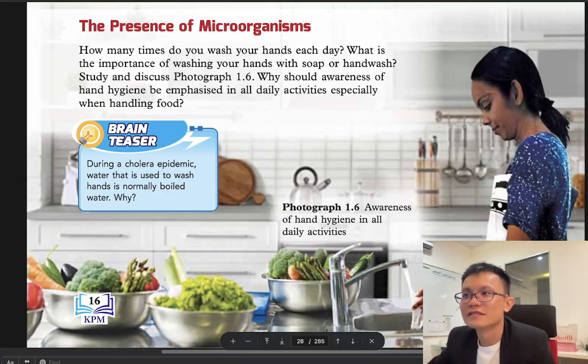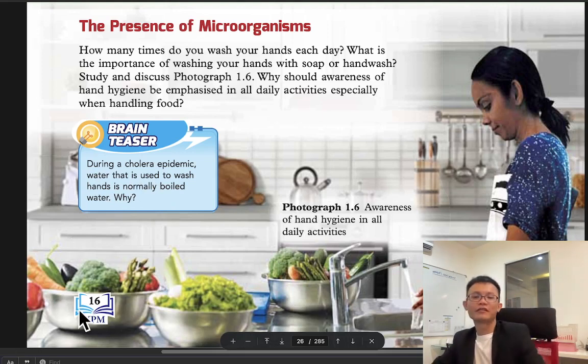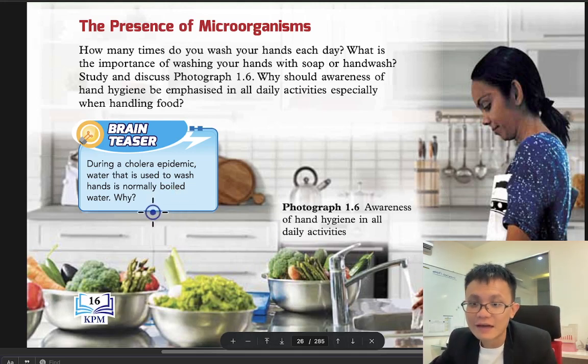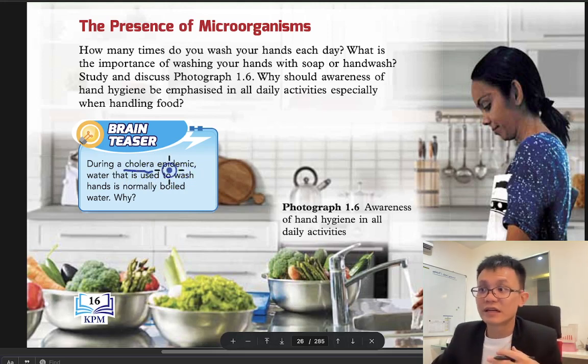Yes, correct, very good. Okay, so of course, during a pandemic, you want to boil the water so that it will kill the bacteria, kill the microorganism. For example, like Vibrio cholerae, to clean it. So this is an epidemic, means it will spread usually to the stomach.